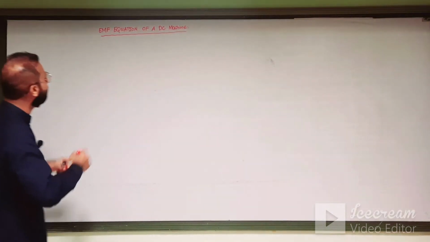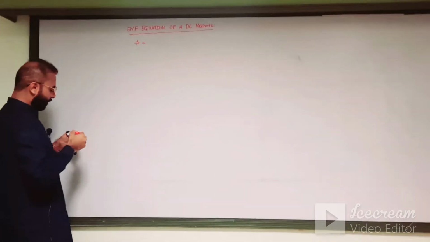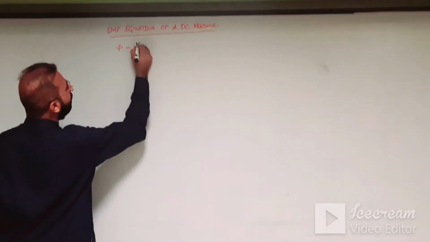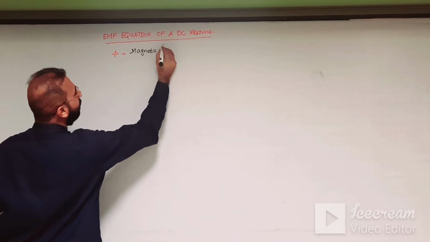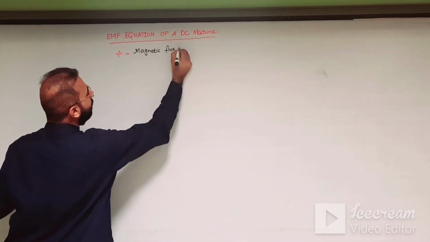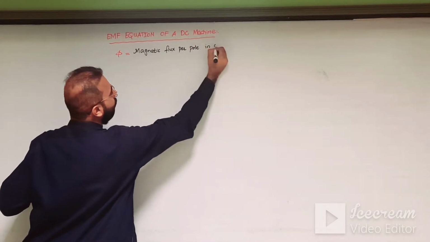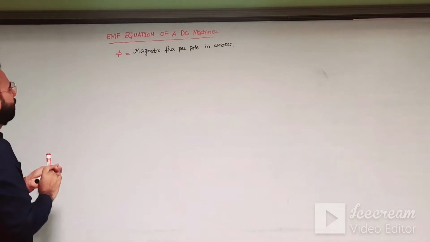Number first, phi is the magnetic flux per pole in Webers. So the unit of the flux is Weber.